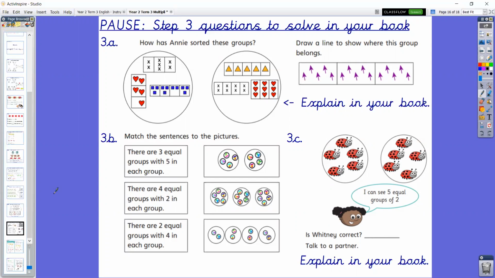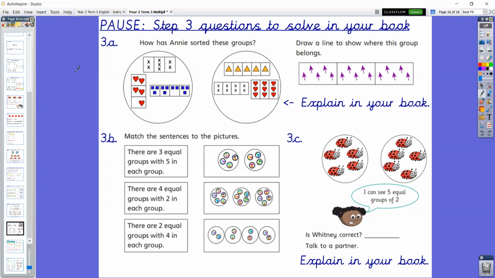The second part of the question says, draw a line to show where this group belongs. So you might choose to draw the groups and add the picture, or likewise, you might choose to explain whether the group belongs in the first group or the second group, okay?